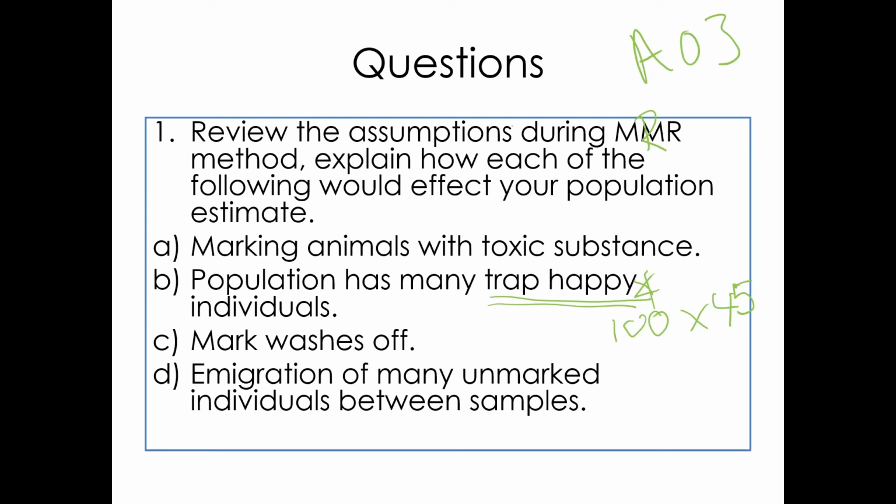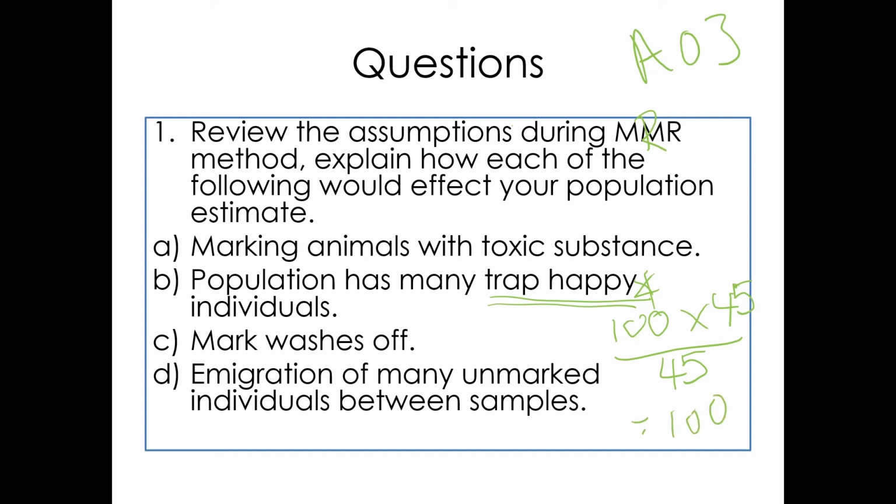Remember, those 100 have been marked. So if I divide that, I'll be dividing it by a bigger number. I'll be much more likely to capture the mice that had a mark that were caught in the first capture because they like being trapped. Now you can see the estimate has dropped significantly lower. So we've got 100 mice.